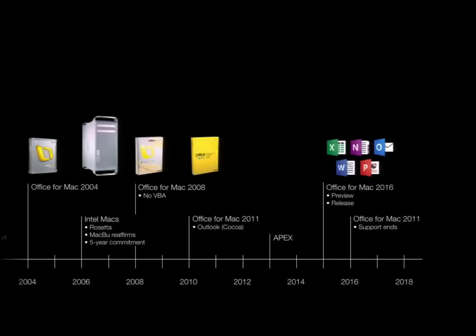This forced them to reprioritize their development, and one of the casualties of that change was the omission of VBA from Office 2008. It introduced, though, the first Apple installer package for Office. Later, in Office for Mac 2011, we saw the return of VBA, the first truly Cocoa app, Outlook, and lots of plists that we could manage.